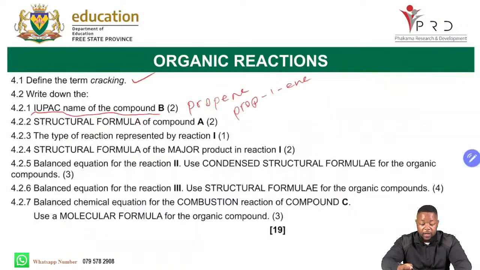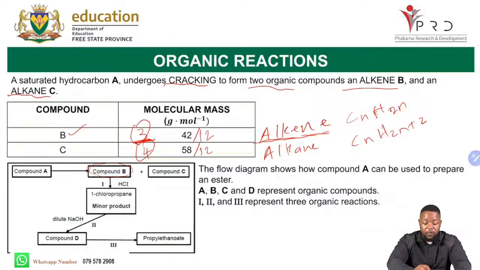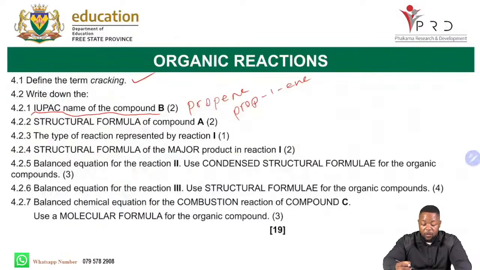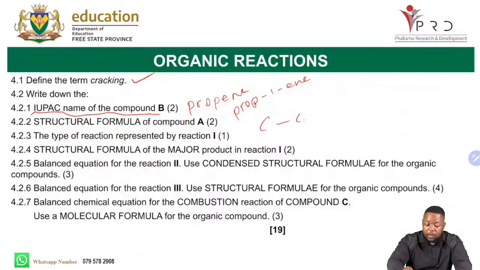So let's carry on with the other questions. The structural formula of compound A. Remember, compound A is the structure that was broken into B and C, but we know that B has 3 carbons and C has 4 carbons, and we also know that A is an alkane. So we can easily draw the structure of A by saying that it will have firstly 3 carbons and the other 4.